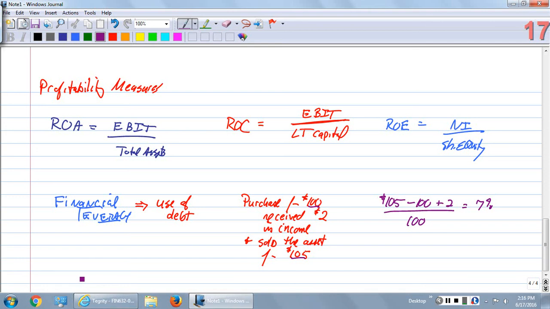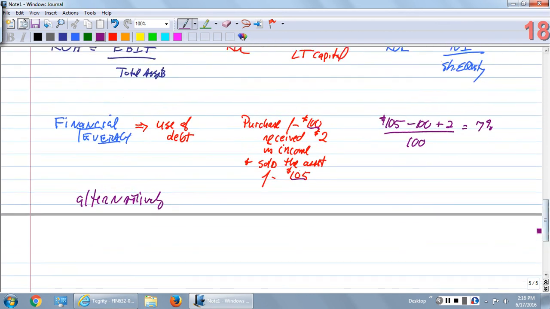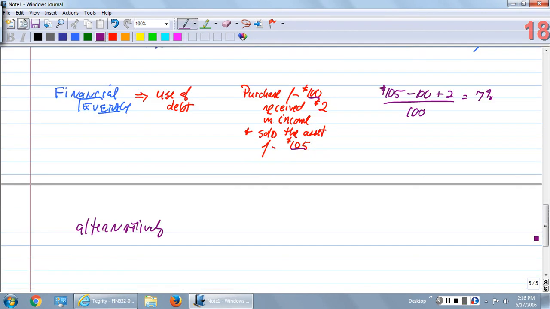Let's say, on the other hand, alternatively, same scenario, you bought the same asset, but this time you didn't buy it for cash.